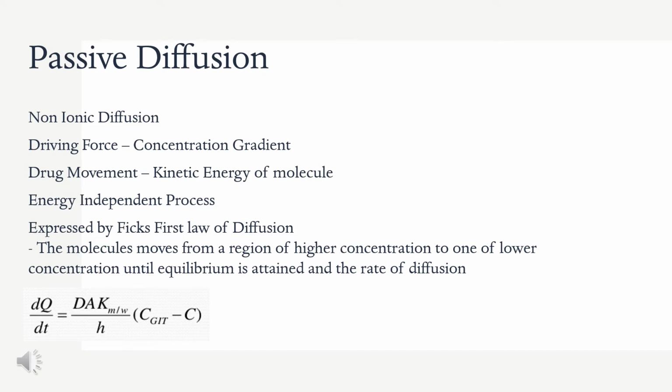The characteristics of passive diffusion: it is a downhill transport, energy independent and non-saturable. Drug transfer is directly proportional to the concentration gradient. The lesser the thickness of the membrane, the faster the diffusion; the process is rapid over short distances and slower over long distances.